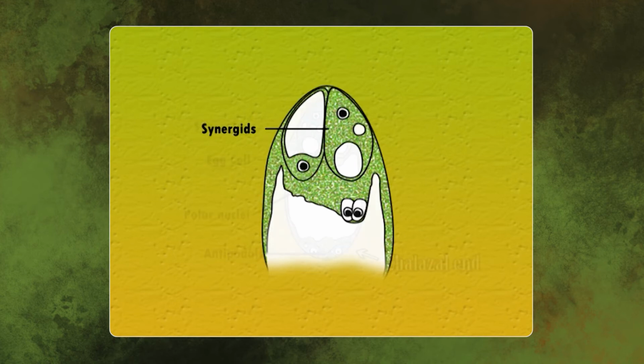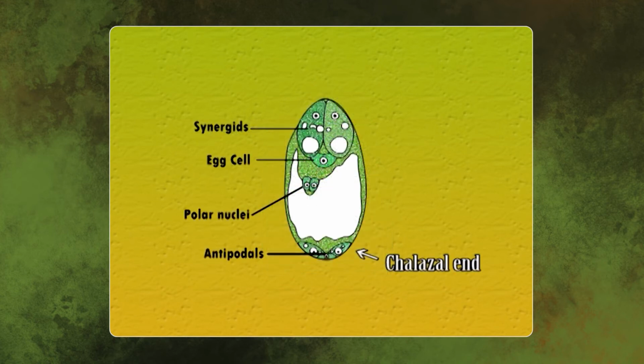At the callosal end, out of 4 nuclei, 3 form antipodals, whereas the 4th one migrates toward the center to function as lower polar nucleus. The 2 polar nuclei come close to each other in the center of the embryosac. This mode of embryosac development occurs in majority of angiosperms and is known as the polygonum type.